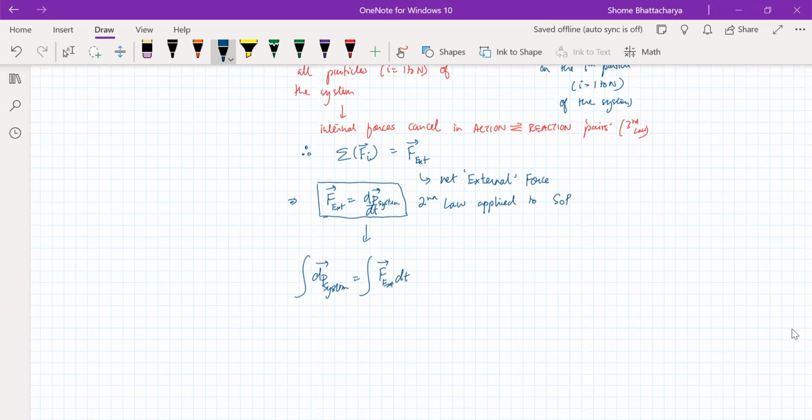If the momentum is changing from some initial to some final value between some initial time and some final time, this is called the impulse-momentum theorem: the change in momentum equals what we call the impulse due to that external force. J is impulse.